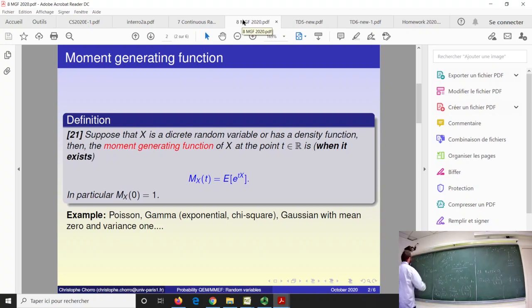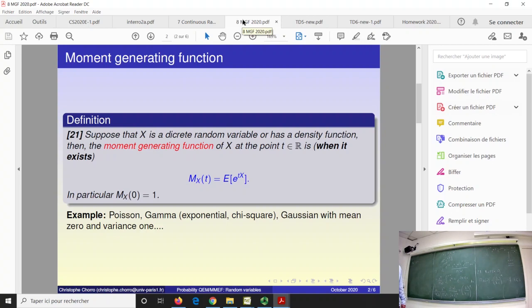Now I erase this. One remark also: if you put t equal to 0, you still obtain 1. Don't forget this.